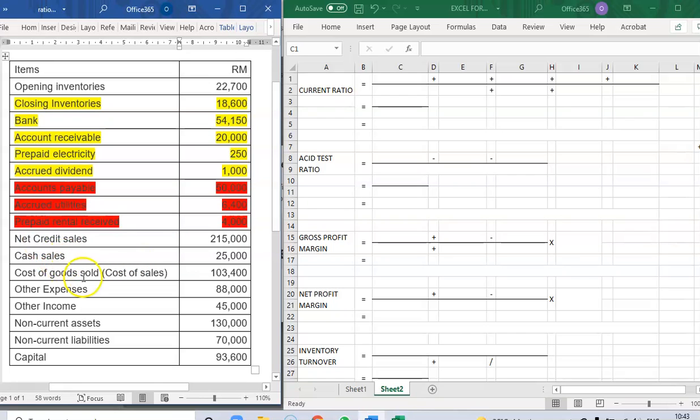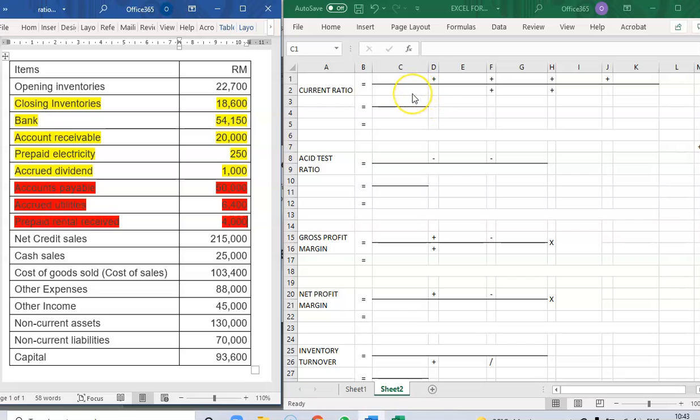The credit sale is neither current asset nor current liability. Opening inventories does not belong to current asset. Opening inventories belongs in cost of sales when we calculate the cost of sales or cost of goods sold. Okay, so we have identified which item belongs to current asset and which belongs to current liability.